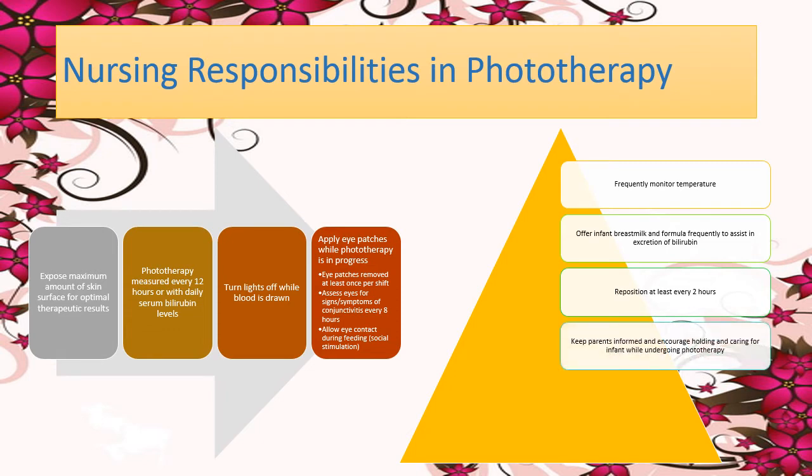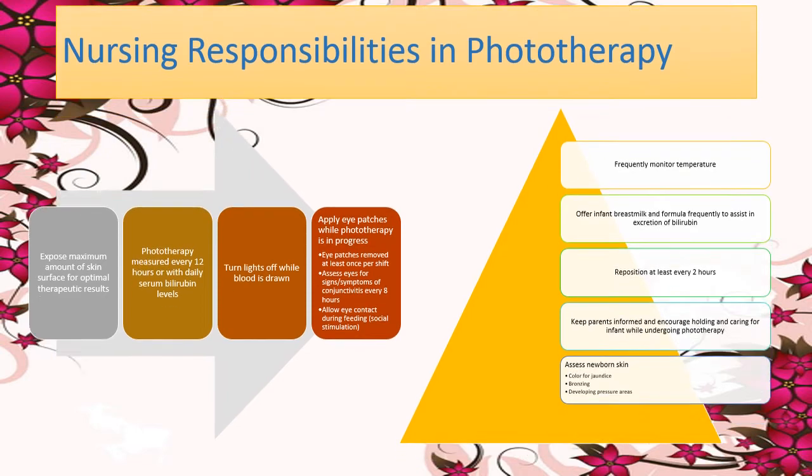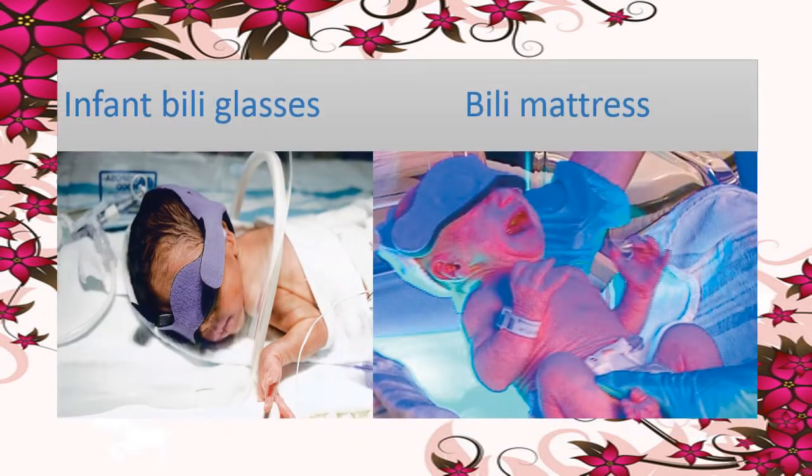You want to keep the parents informed and encourage holding and caring for the infant while undergoing phototherapy. You want to assess the newborn's skin, such as check color for jaundice, see if they're bronzing, or whether they're developing pressure areas. So we have two images here. We have the infant bili glasses and the infant bili mattress.